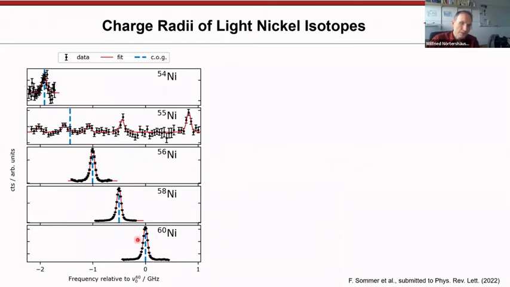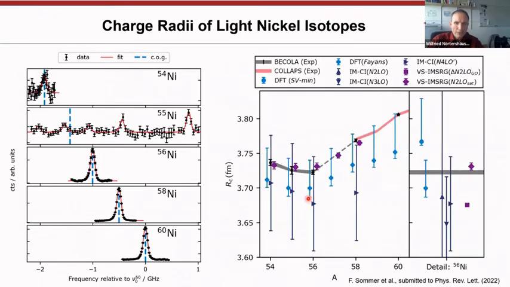Nickel 60 and nickel 58 are stable, and then nickel 56 down to nickel 54 has been measured, including nickel 55. If we now extract the charge radii, they are shown here with the black points and the uncertainty region. Nickel 57 has not been measured, so here we have this dotted straight line between the two.